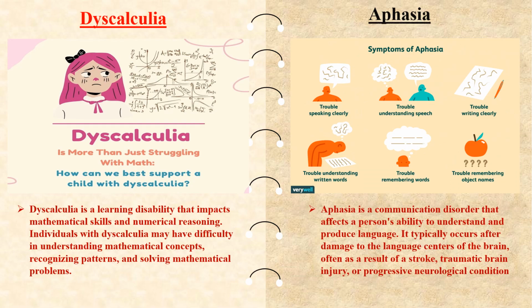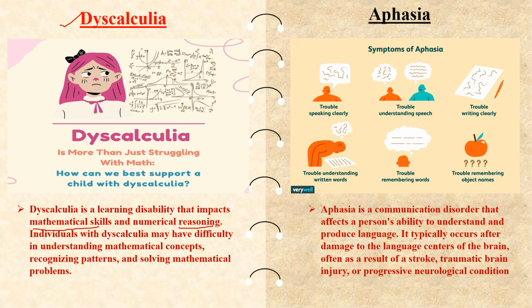Now, the next slide is about dyscalculia. We can say that dyscalculia is a learning disability in which we have a problem understanding numbers or math facts. It primarily affects our mathematical skills and reasoning. In this, the student is not able to do simple calculations, and they also have a problem understanding the methods of how we solve a problem.